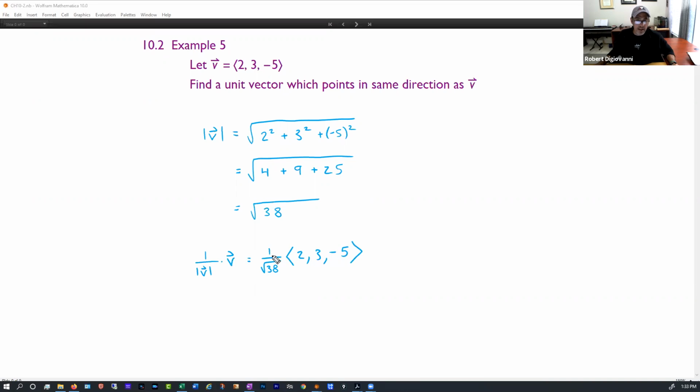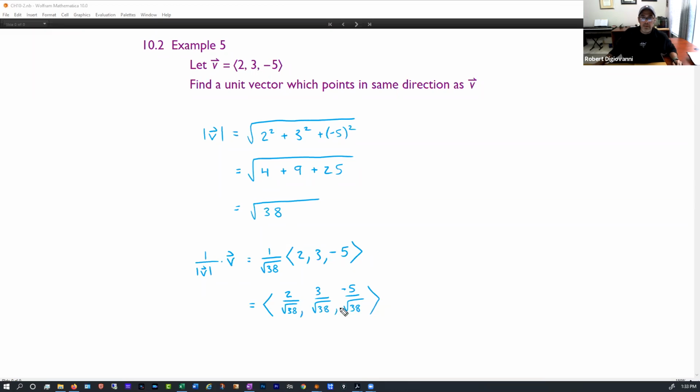Okay, so I'm doing scalar multiplication here. Now this just passes through to each one of those. So I have a vector, it's 2 over root 38, 3 over root 38, and -5 over root 38.